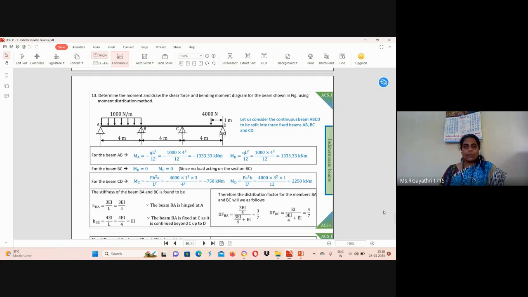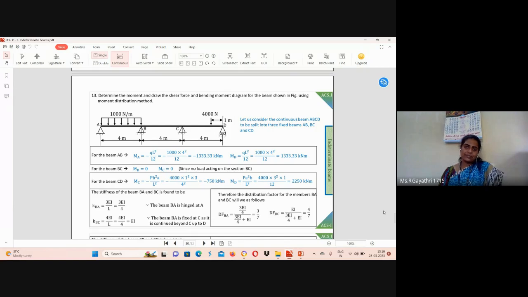Here we have a uniformly distributed load over span AB, so we can say LAB by 2. If you see a mid-point load also, we can use this formula: total length divided by 2. Here total length is 4 meter, 4 by 2 is 2 meter. So XA bar value is 2 meter. AAB value is 5333.33 meter square Newton, XA bar value 2 meter, LAB value 4 meter.